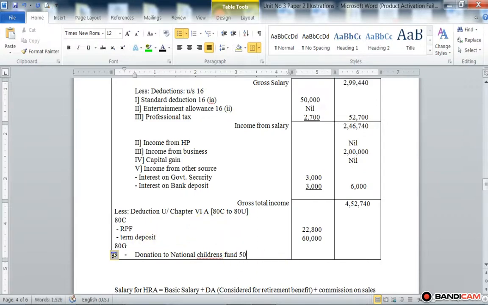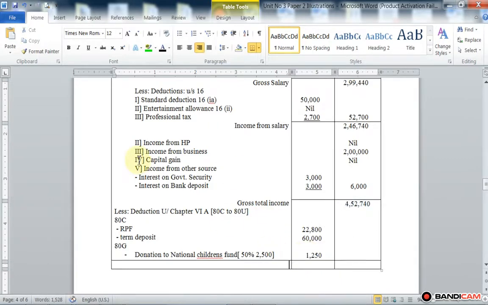How much? 50% on 2,500, that is 1,250. Now make the total of the inner column and put the figure in the outer column. Here 75,000.